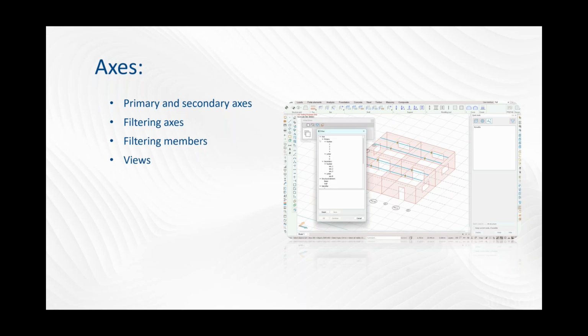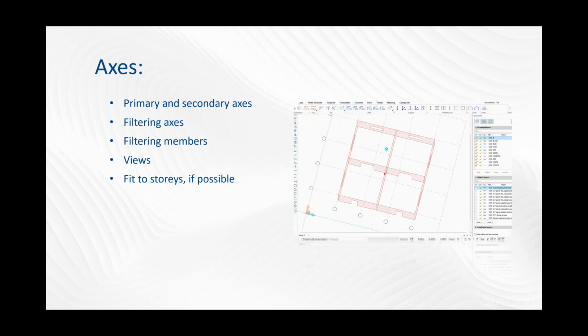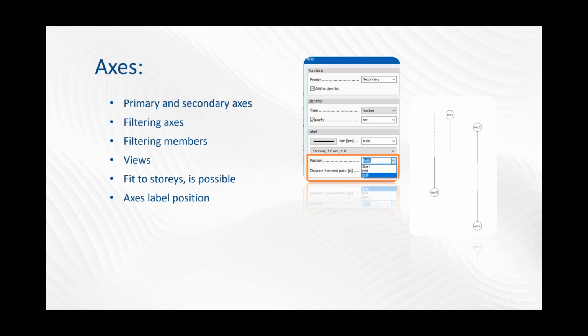Views as well. And the fit to story option, if possible, is also available. So those are all, let's say, quality of life improvements for you guys, and this is the input and modeling part.